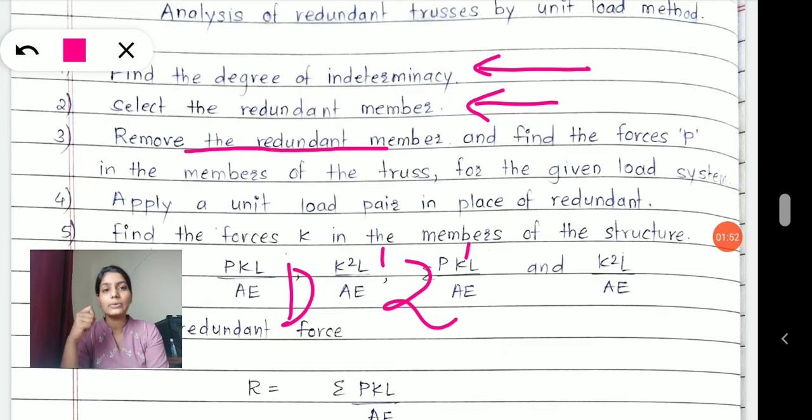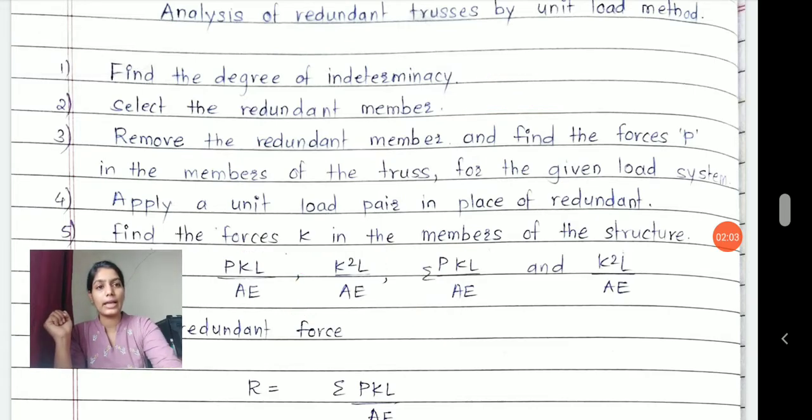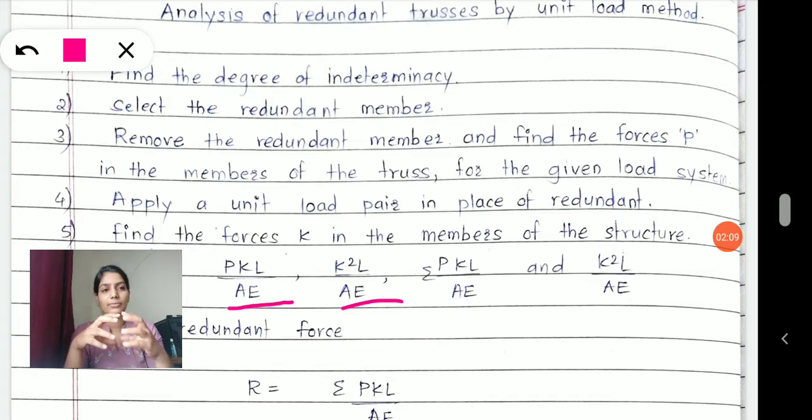Then apply a unit load pair in place of the redundant and find forces K in the members of the structure. Then I have written here the calculation of certain ratios, PKL upon A, K square L upon A, but we are not calculating them separately; we will form a chart in which all these ratios will be calculated.